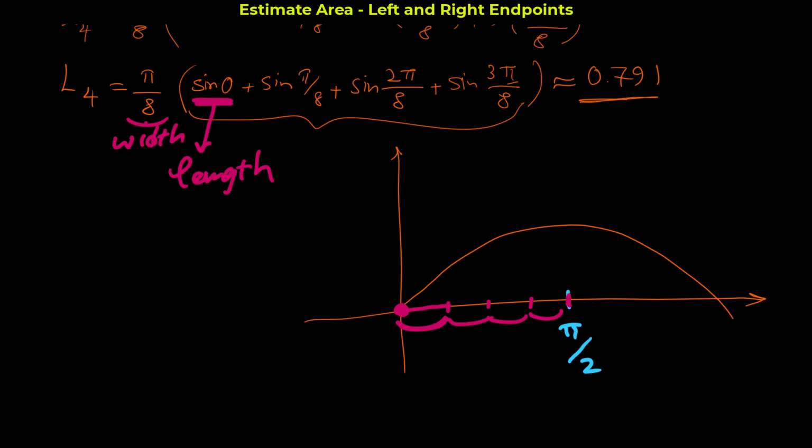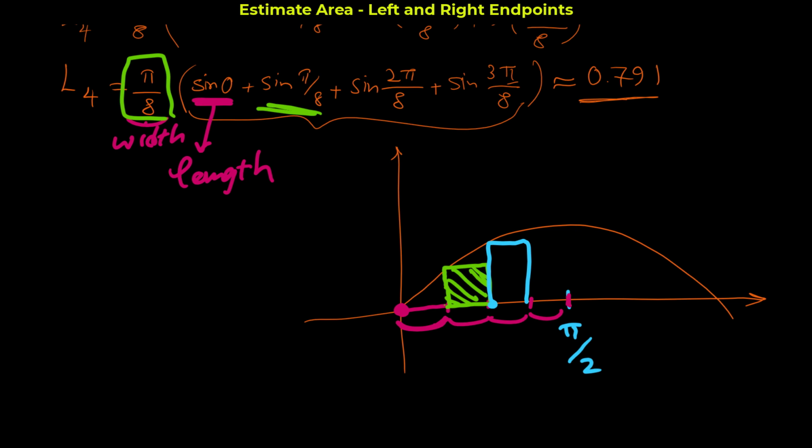The next rectangle is a rectangle with the same width, but now the length is sine of pi over 8. Let me use another color to show it better. Sine of pi over 8 is basically this. So we calculate this area. Then the next rectangle would be this.